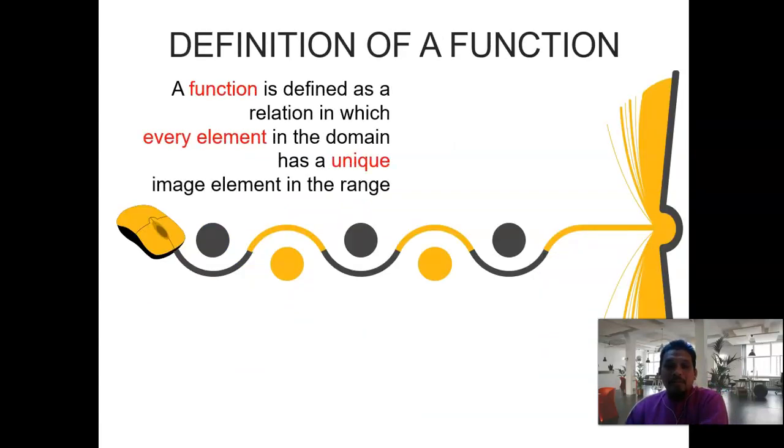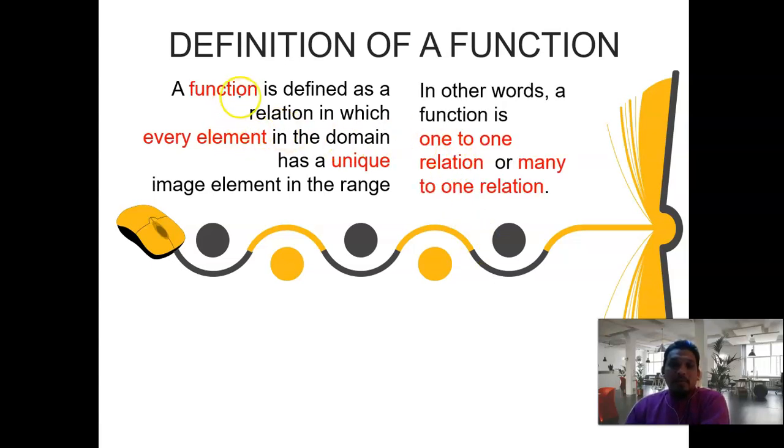So, definition of function. A function is defined as a relation in which every element in the domain, or x, has a unique image. Okay, unique means one. Unique image element in range. Okay, range is in y.